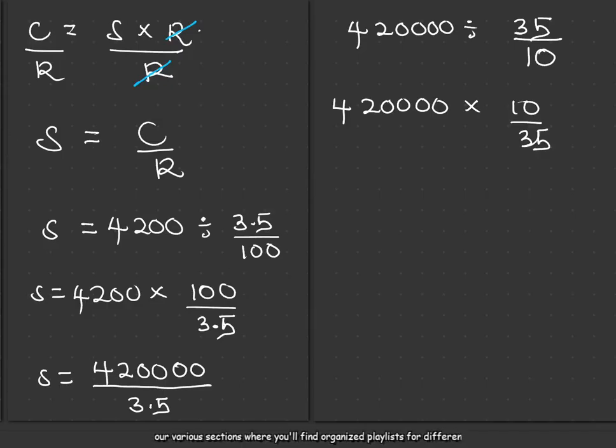We can say that 35 divides itself once, and it divides 420, I think 12 times. So we have about 12 here. Then the 3 zeros also are written. And don't forget our times 10.